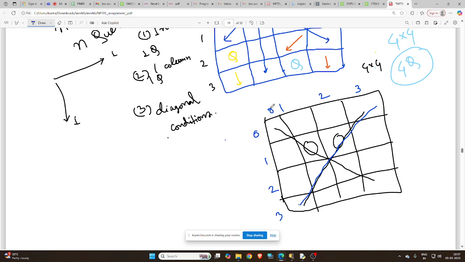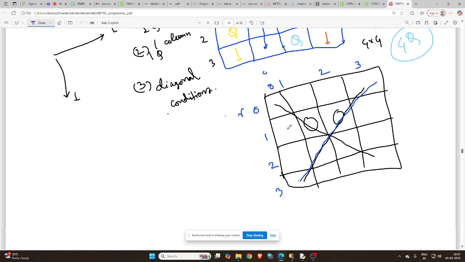This is column and this is row. So if I want to calculate for this blue diagonal, there is a specific relation between column and row. So you can see, I can write it like here. Sorry.